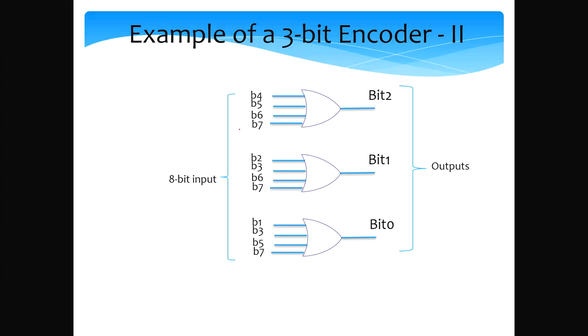Bit 2 is B4 or B5 or B6 or B7. Similarly, for bit 1 and bit 0, the circuits are determined by the equations on the previous slide. So this is a fairly simple circuit. All that we need is 3 4-input OR gates. A 4-bit and a 5-bit encoder are slightly more complicated in the sense that we need OR gates with even more inputs. But this is the basic idea.